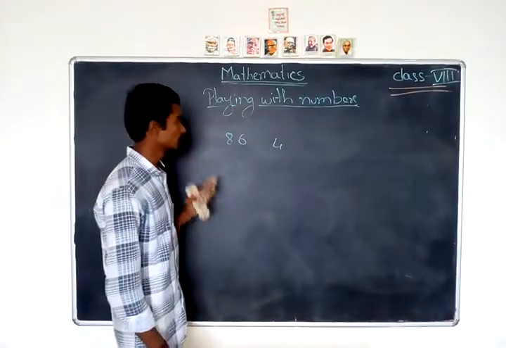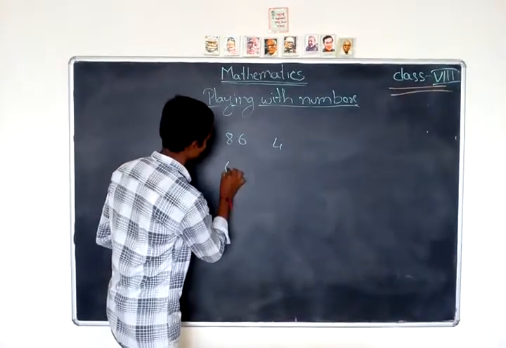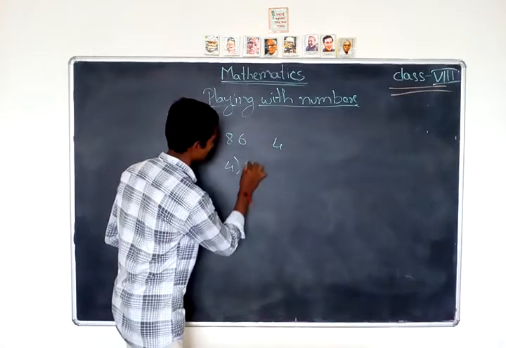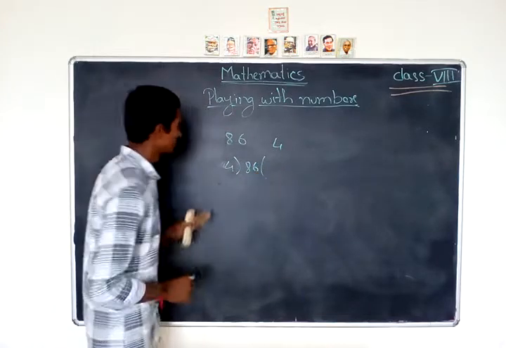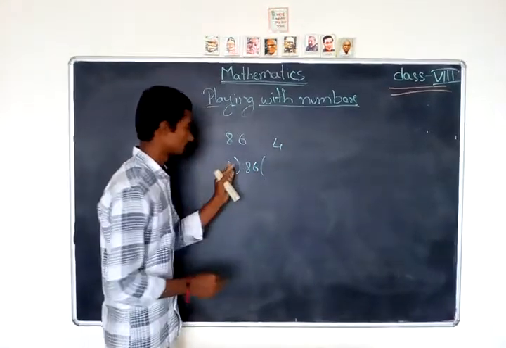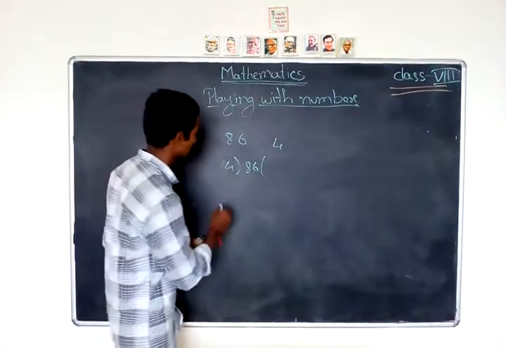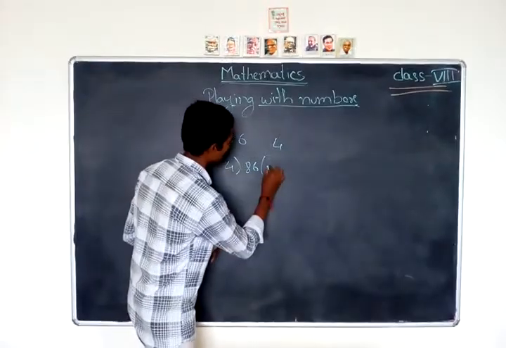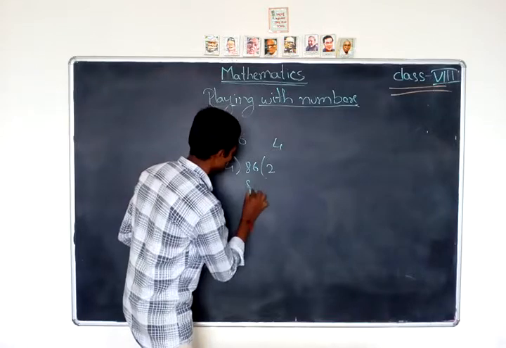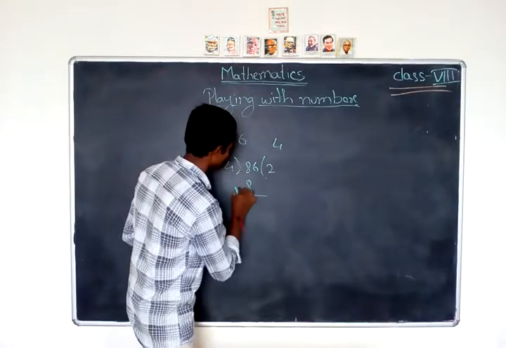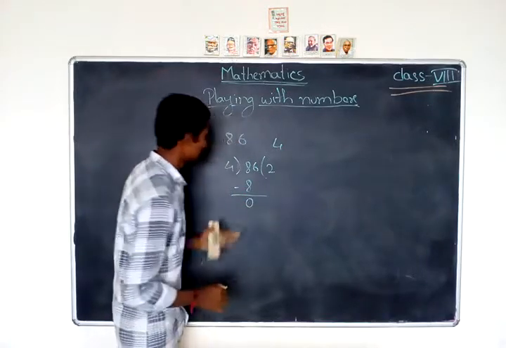How? Let me check this. 4 and 86. So let's divide 86 by 4 and see what we get. 4 2s are 8, and the remainder is 0.